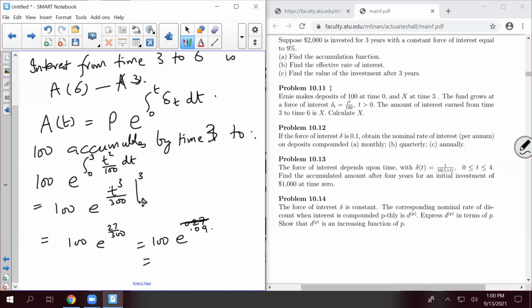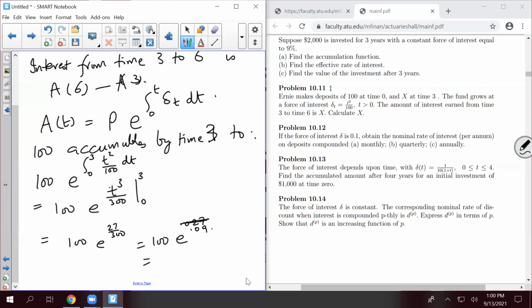Yeah, these limits are not going on the e. These limits are just on this integral. So you just imagine that you have calculated this integral, and then whatever you get, you're putting that in the power of e.